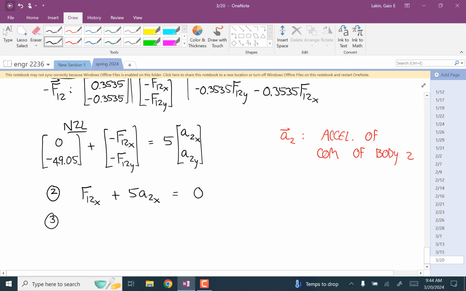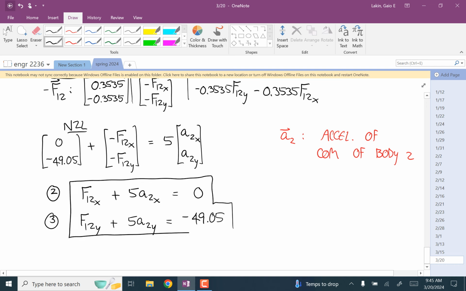And the third equation says f12y plus 5a2y is equal to negative 49.05. Everyone okay with that?